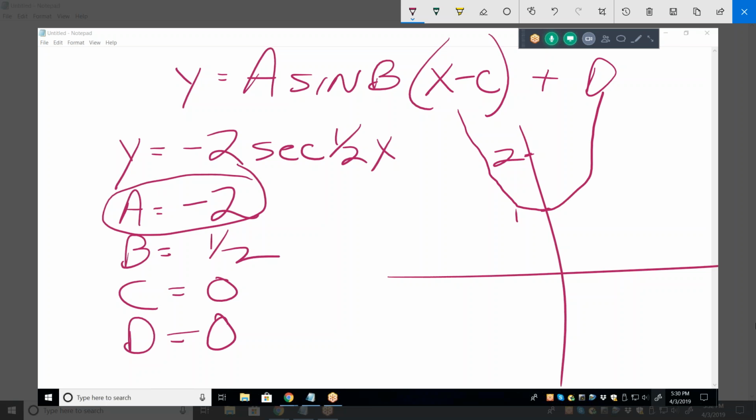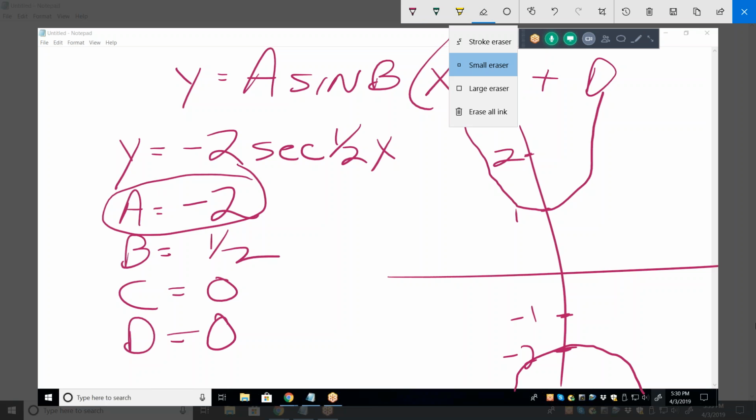Yep. The fact that it's a -2 means that it's going to be reflected like that instead of the first thing I drew.